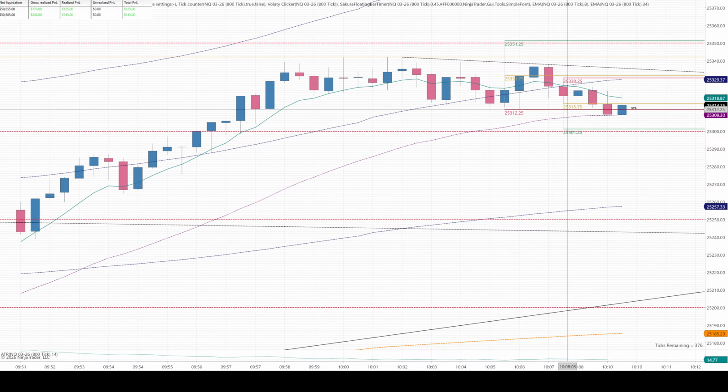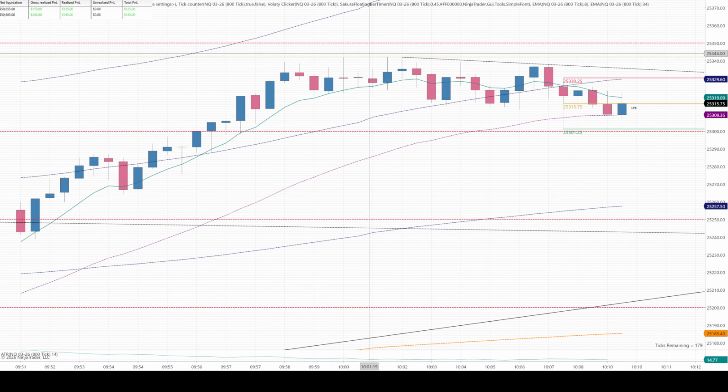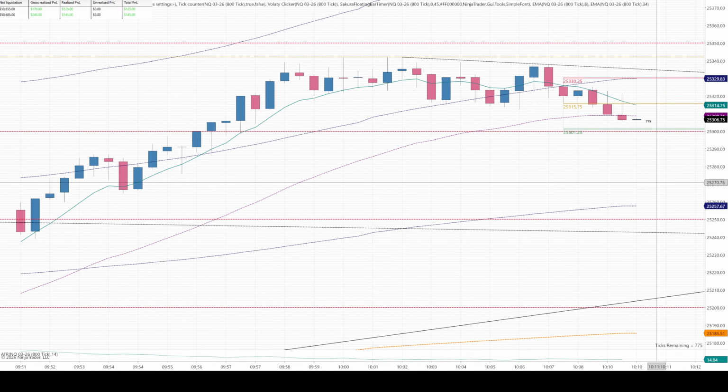We're bouncing off of it, right? Does that mean I take a bullish trade here? No, we're not setting up for anything bullish right now. If anything, we're looking bearish. And it looks like we're probably going to go down. Yep, there it is. There's a target.